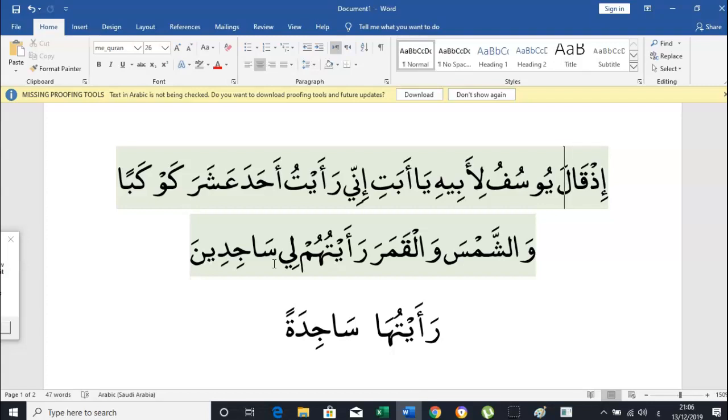Why in that order? First of all, it's shocking as it is that his brothers are prostrating to him. Then, in the order of how we usually know it, the mother has a higher status in some sense, but he knew that his father was a prophet, so that's why he mentioned his mother first. My brothers are prostrating to me, my mom is prostrating to me, and you, a prophet, the moon, are doing that to me as well.